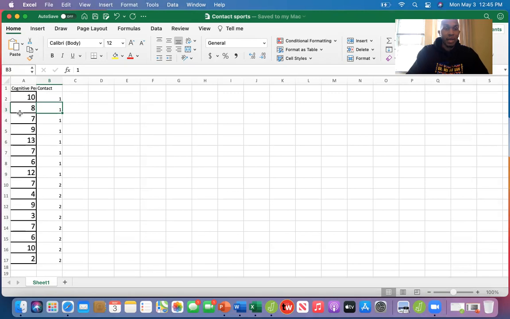So you can just copy and paste the data, right? And you're going to create a column called contact. Non-contact athletes will receive a 1, contact athletes will receive a 2. For the first column, you can call it cognitive performance or scores, that's up to you.